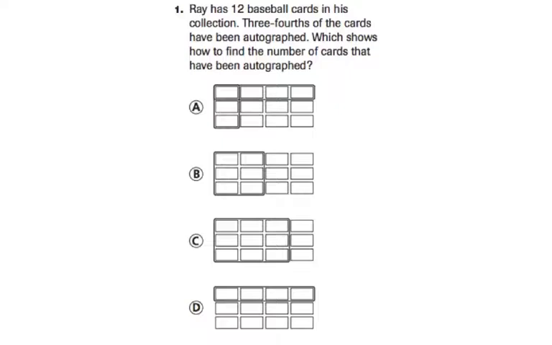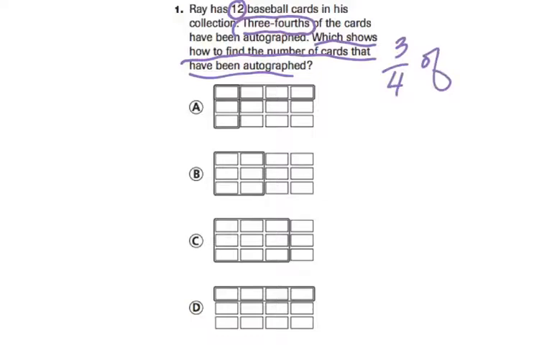Ray has 12 baseball cards in his collection. 3/4 of the cards have been autographed. Which shows how to find the number of cards that have been autographed? Well, they said that 3/4 of the cards have been autographed.